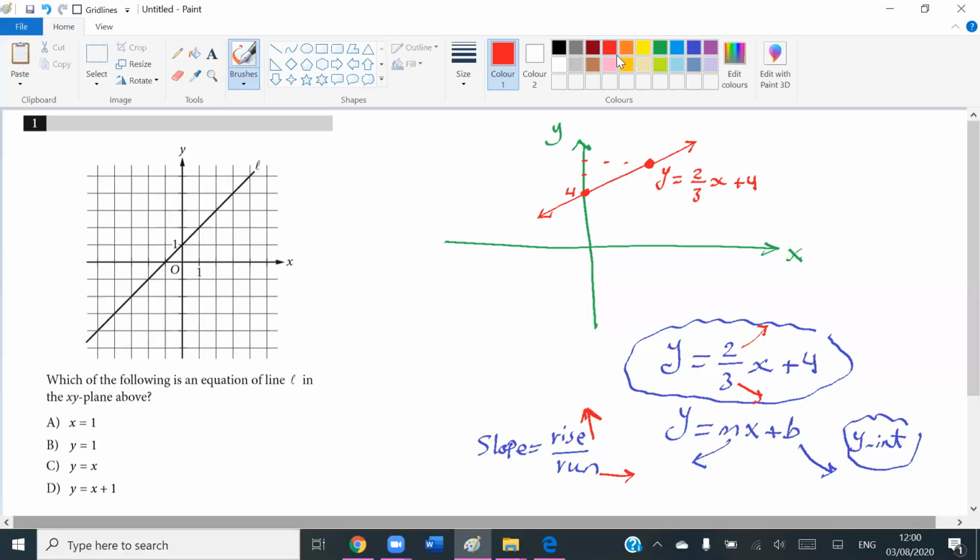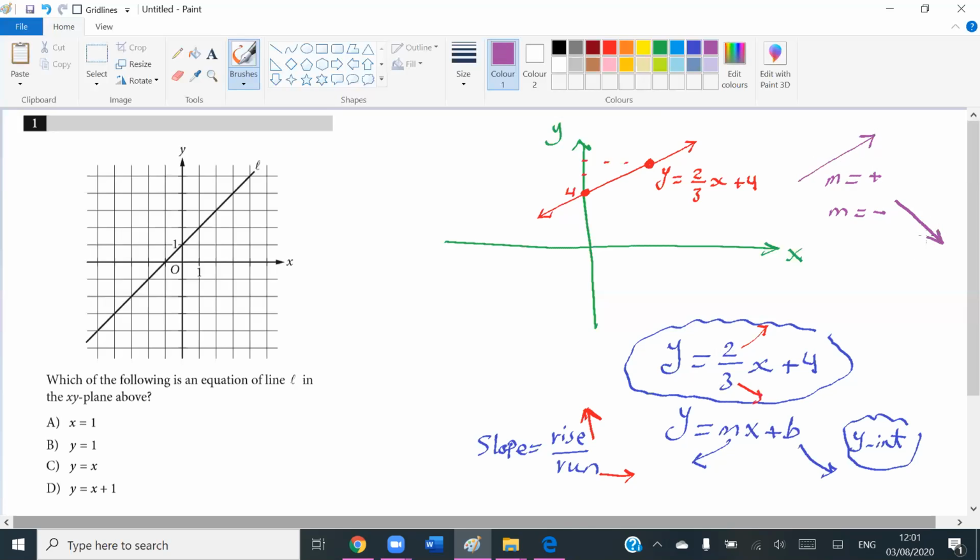From this line, you can see that the line is inclined. The line moves up to the right. It's not a horizontal line, and it's not a vertical line. If the line moves upward to the right, the slope should be positive. But if the slope is negative, instead of 2/3, we have negative 2/3, our line will move down.